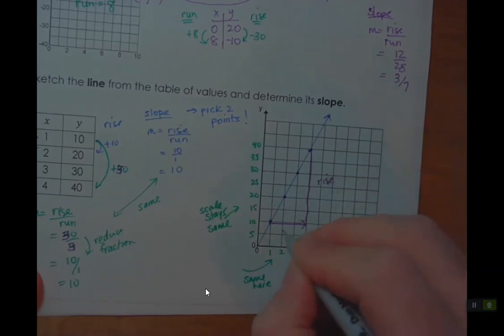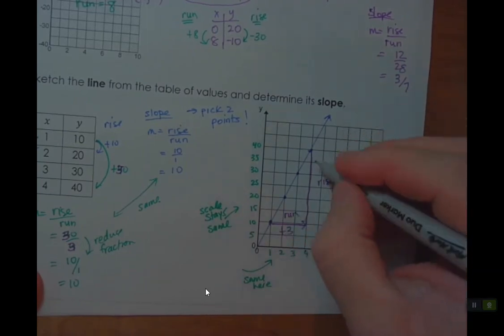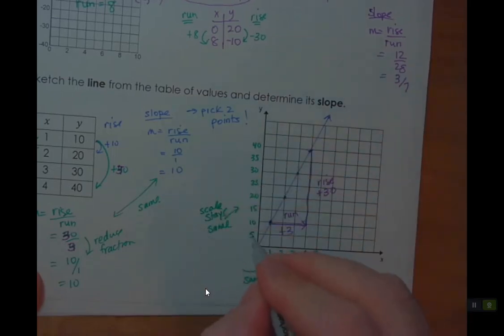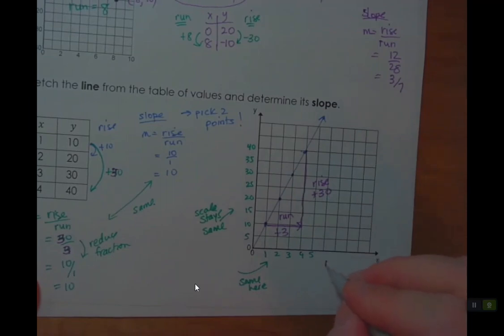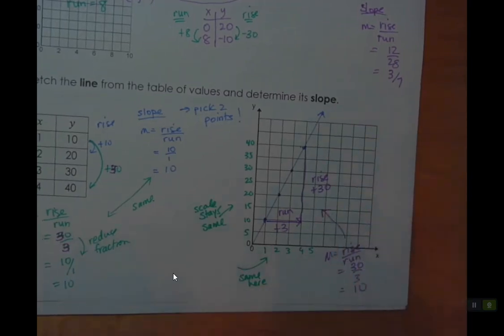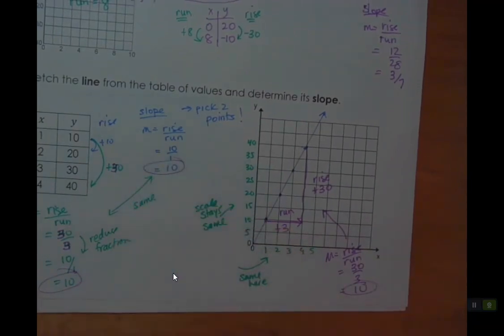Here's my rise, here's my run, plus 3, 1 to 4. Here I went from 10 to 40, plus 30. All the same answer. So it's not a big deal.